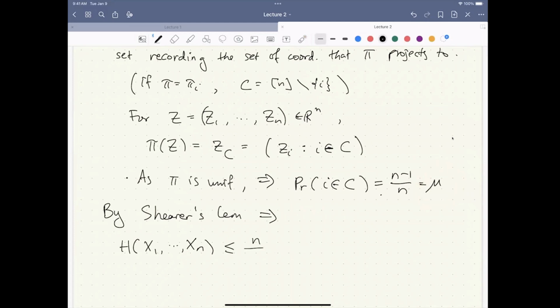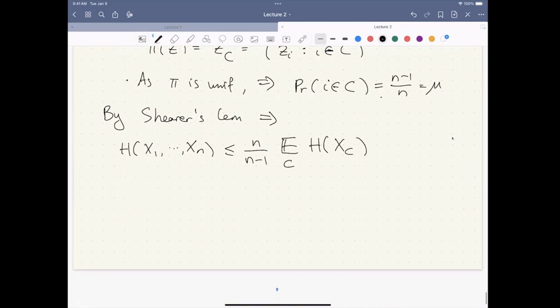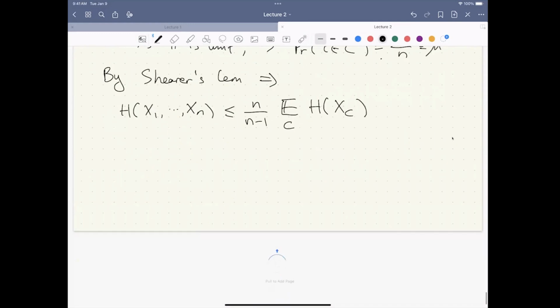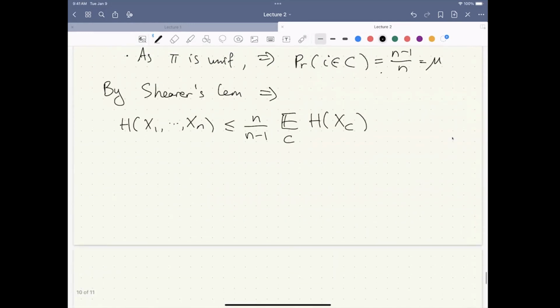So it's n over n minus 1 times the expectation over the random set C of h of the random projective vector x_C. That's Shearer's lemma.